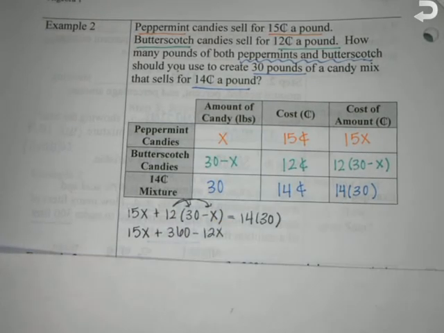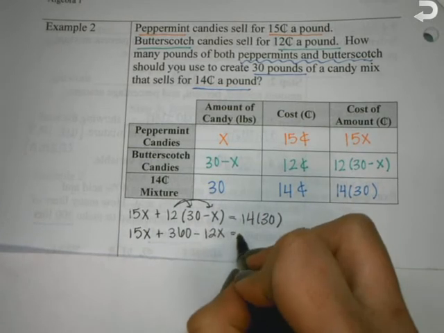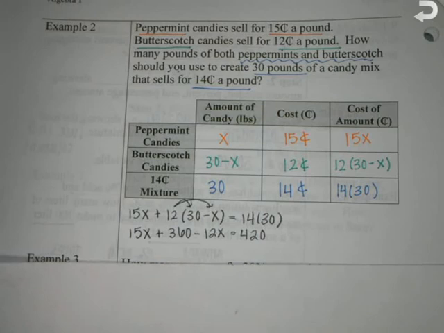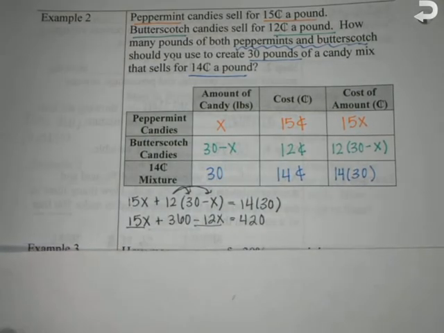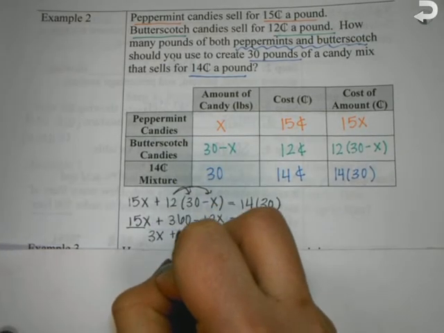What'd you get? 420. Okay, next step. Combine like terms. So we have 15x minus 12x. What does that give me? 3x plus 360 equals 420. I haven't done anything except combine like terms.